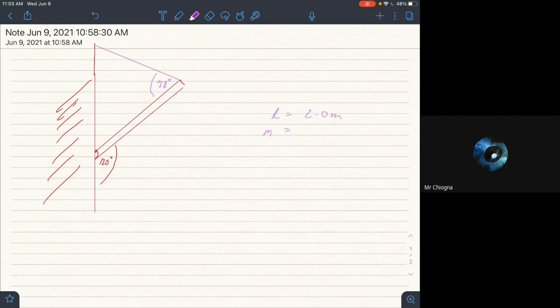I'm not interested in numbers, I'm interested in how you would plug them in. The mass of the beam is 100 kilograms. The tension in the wire, we'll just call it F, is 2,000 newtons. Okay, so how would you set it up?